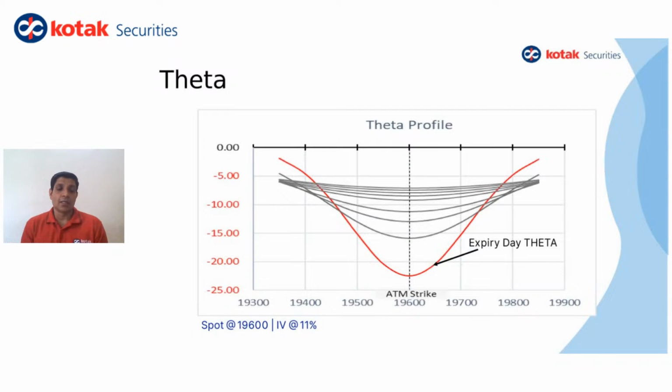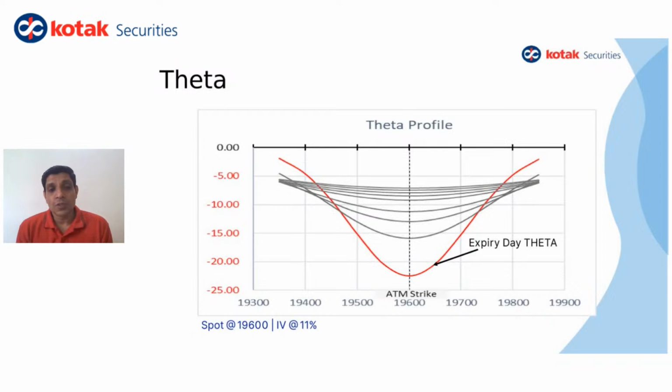So moving on to the theta. In theta, what really happens is you're playing against time if you're a buyer of the option. So let's say the Nifty is at 19,600 and the 19,600 call option for tomorrow's expiry is trading at 100. Today the market closes at 19,600. Tomorrow morning the market opens at 19,600 without any action.